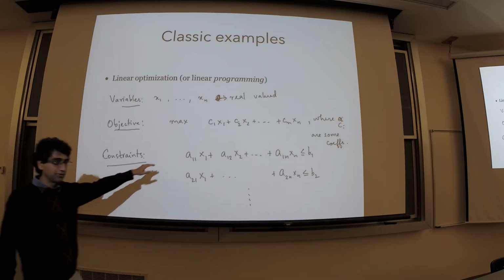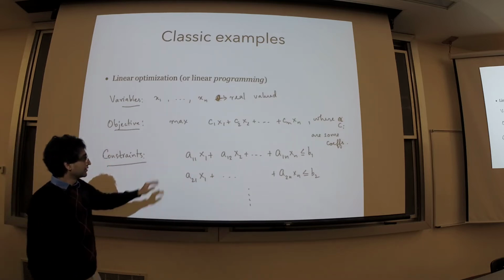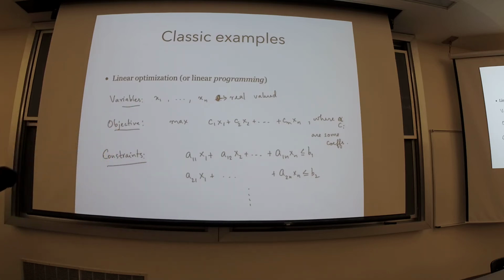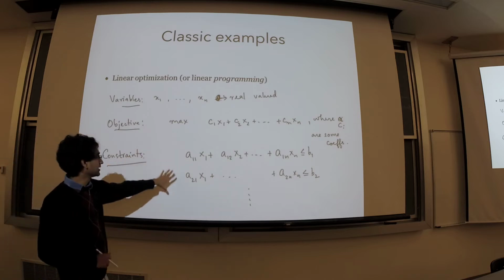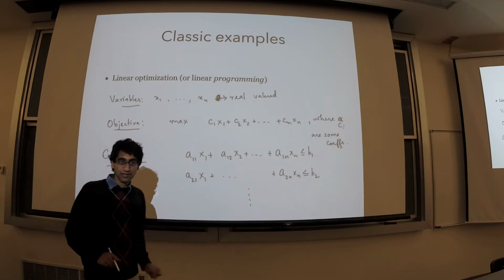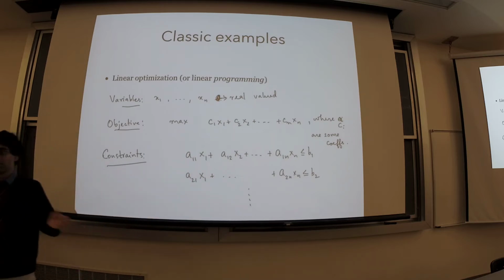So you have a bunch of linear constraints and linear objective. So this is why it's called linear programming or linear optimization. So this is another canonical example of optimization, and turns out this can actually be solved efficiently, in time which is polynomial in the number of constraints, number of variables, and so on. Okay. So again, we will come back to that.